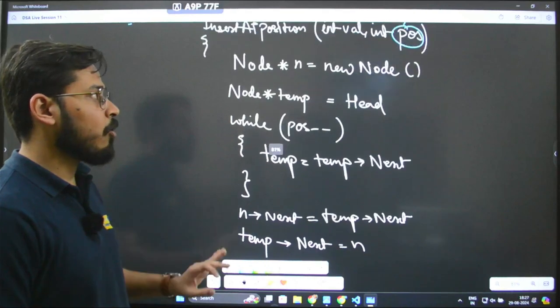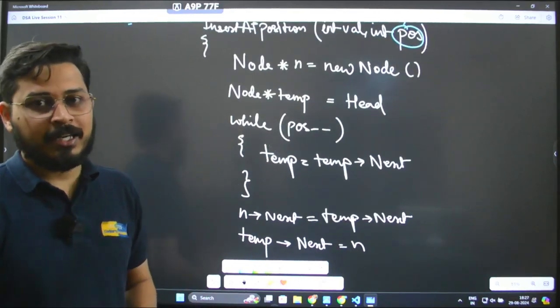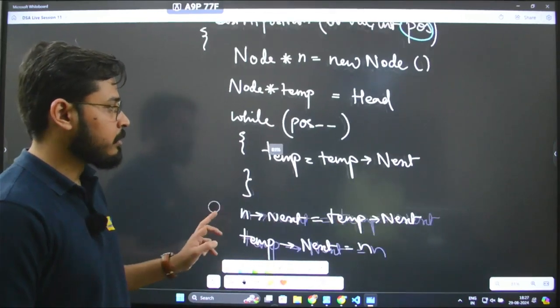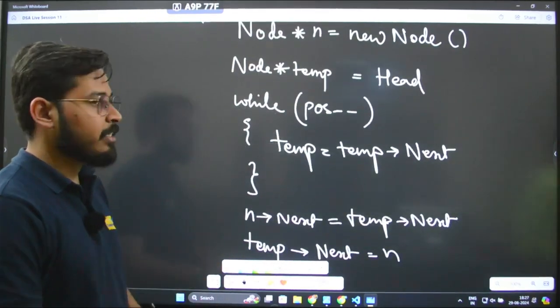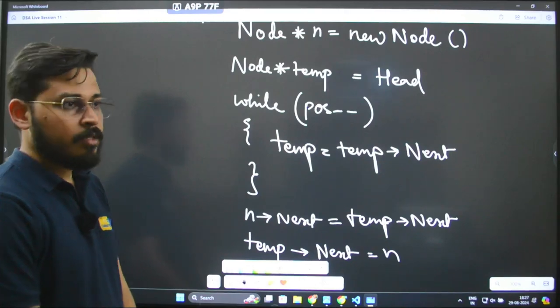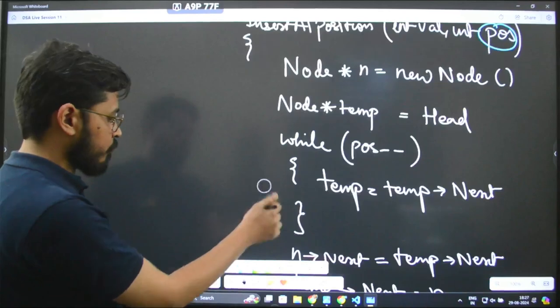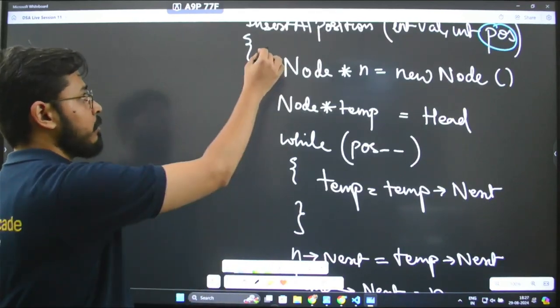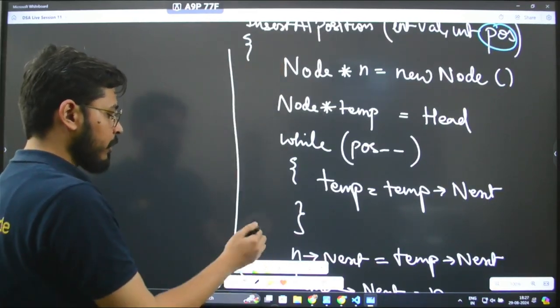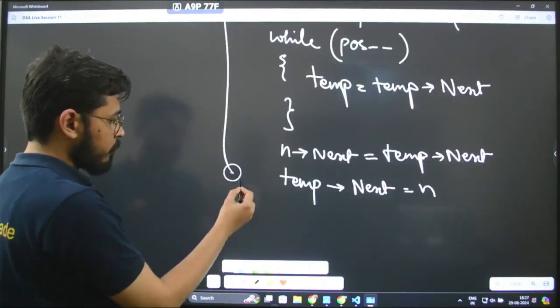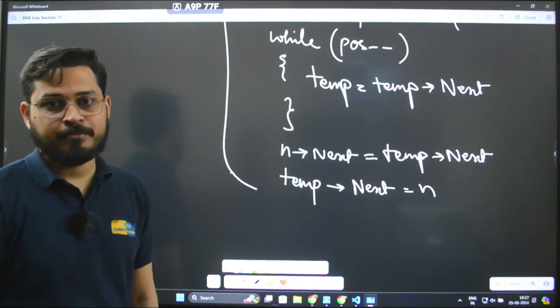But the logic and all these things don't get over here yet, guys. The thing is that there can be multiple edge cases in this case. You see, this whole thing which I have explained to you can have a flaw.